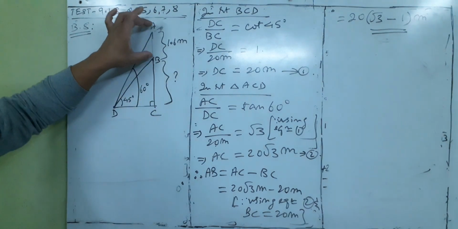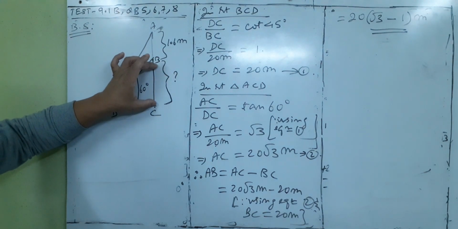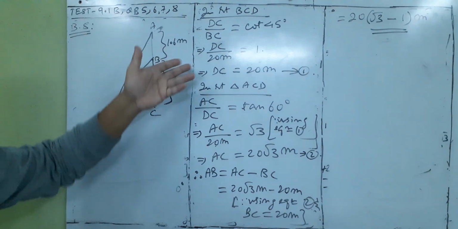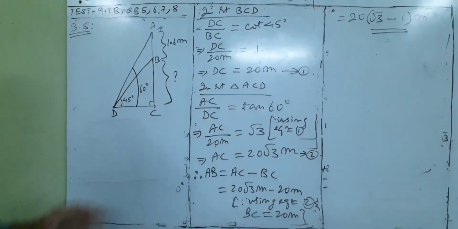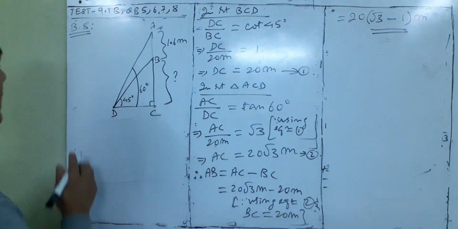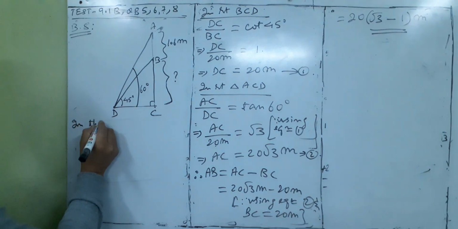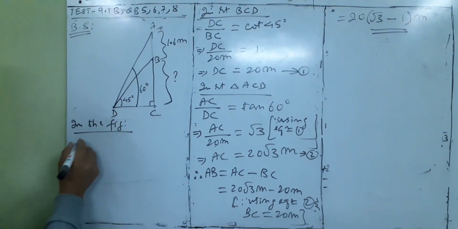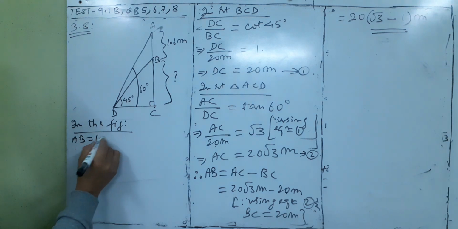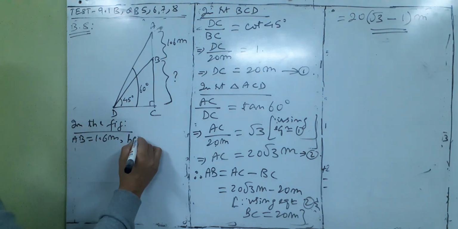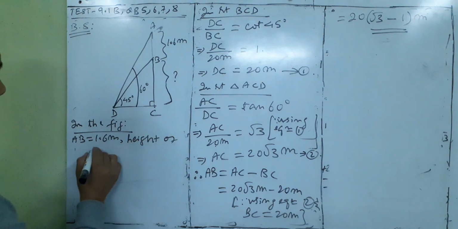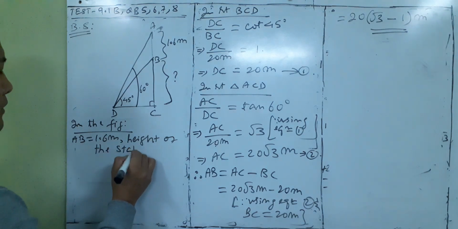Previously, we had to find the height of the tower; now the height of the building is like the pedestal. So it's very similar, even the values, but the reverse of that question number 7, B7. So here, let us write it down in the figure. Now in the figure here, AB is equal to 1.6 meter. This is nothing but the height of the statue.